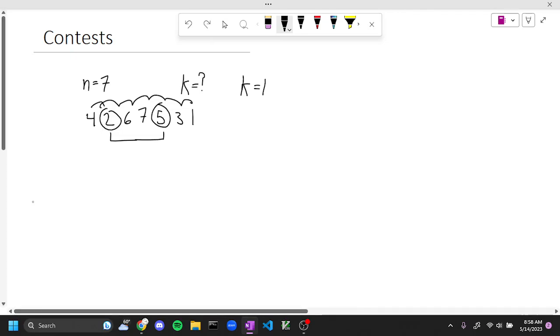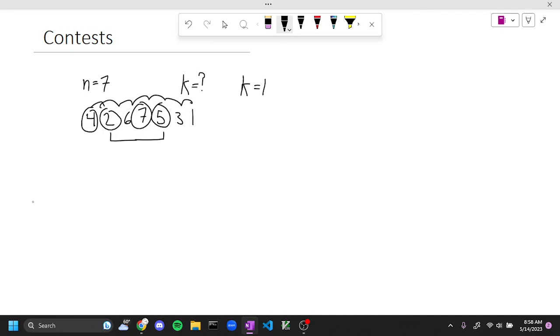So now we have to find the maximum k. So how do we do that? Well, we know that each element has to go to its index, and in order to do that, you have to find the common denominator of all of them. So say 4 has to go to index 4, so it has to swap with 7.